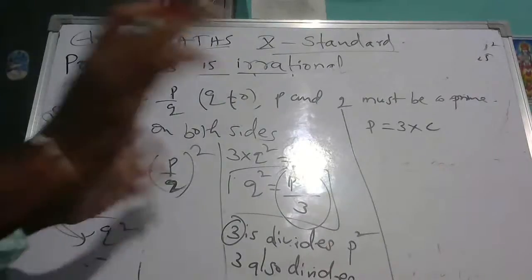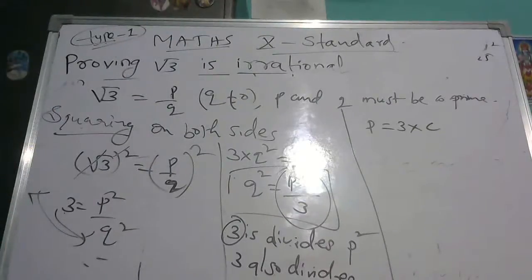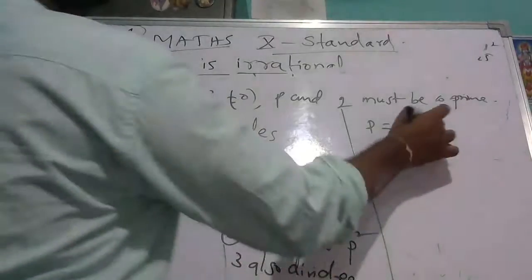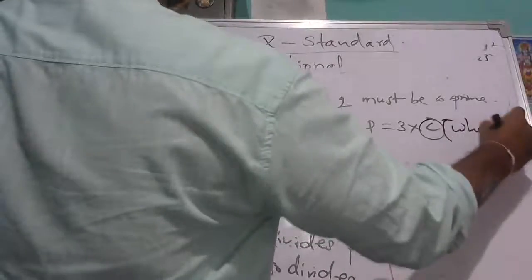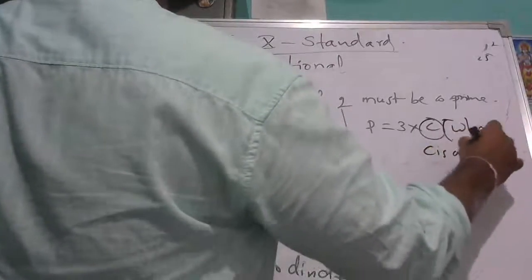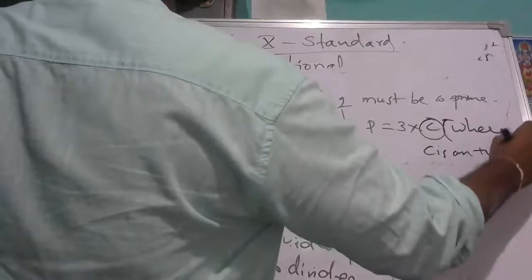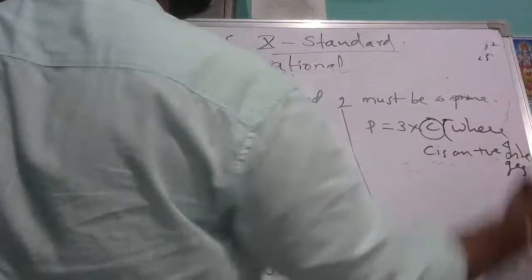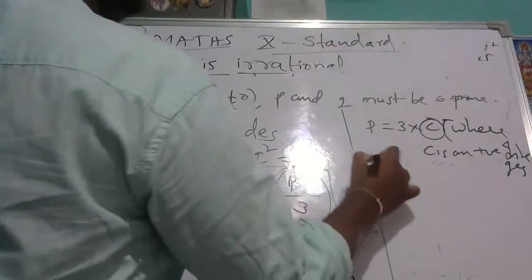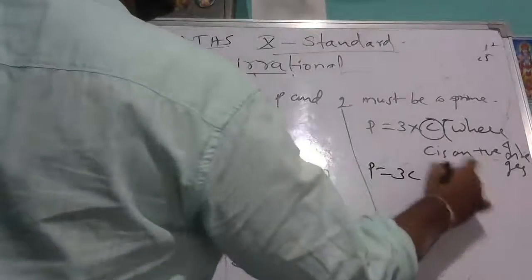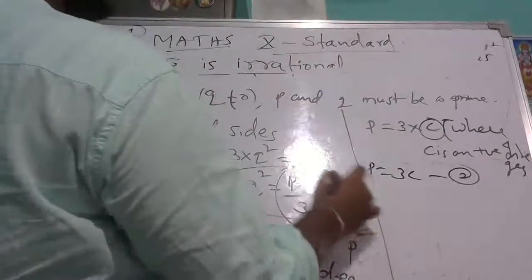We don't know the exact multiple of 3, and that's why we write C, where C is a positive integer. So now p is equal to 3C. This is equation 2. This is equation 1.